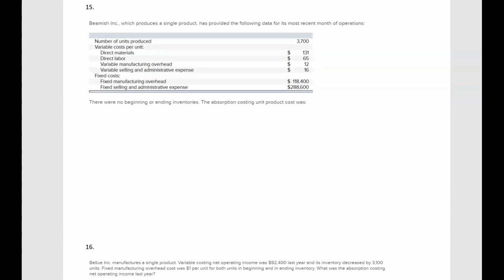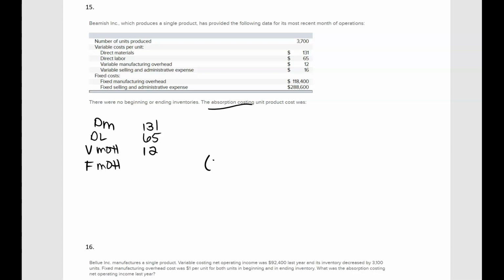$15 is the same thing. Take the direct materials of 131, the direct labor of 65. But this time, instead of variable costing, we're looking at absorption costing. The variable manufacturing overhead is $12, and then the fixed manufacturing overhead.